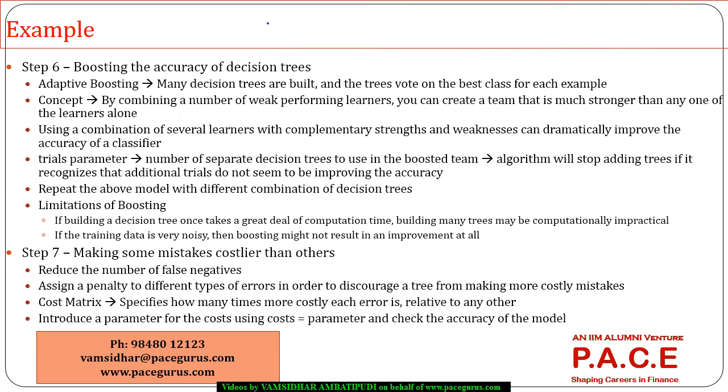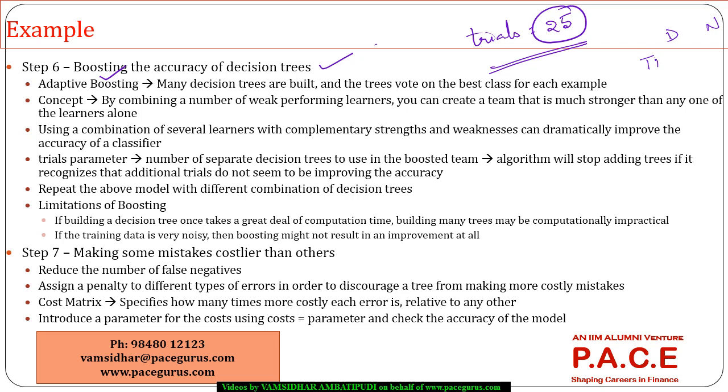Now, the boosting, anyhow, we have taken care of: the accuracy of the decision trees. When I'm using adaptive boosting, here we have set the trials as 25. By using different subsets of the variables, 25 different trials are being performed, and based on the voting process, which trial has voted for default or non-default for a particular training data.